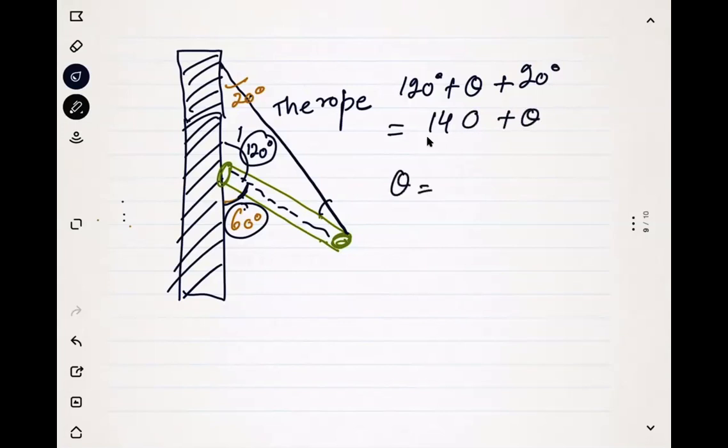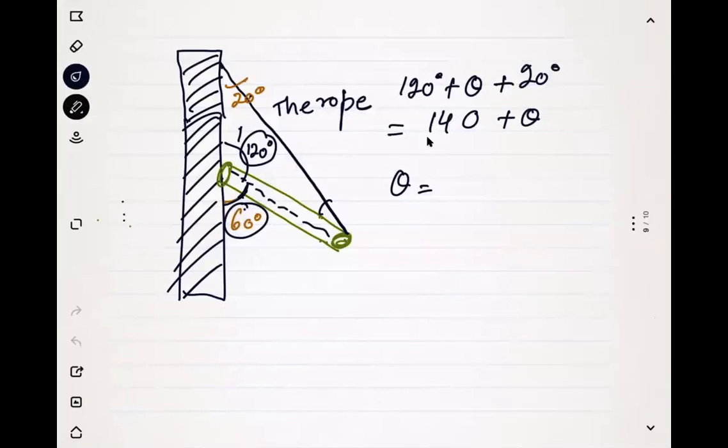So theta would be equal to the 40 degrees.